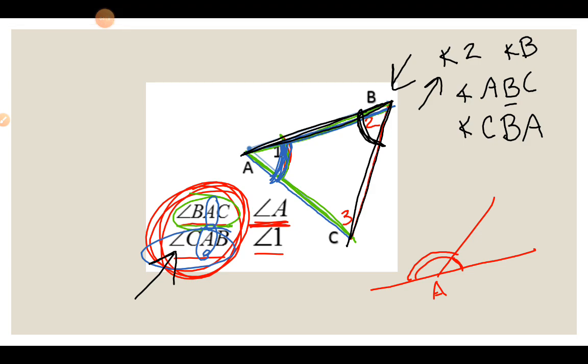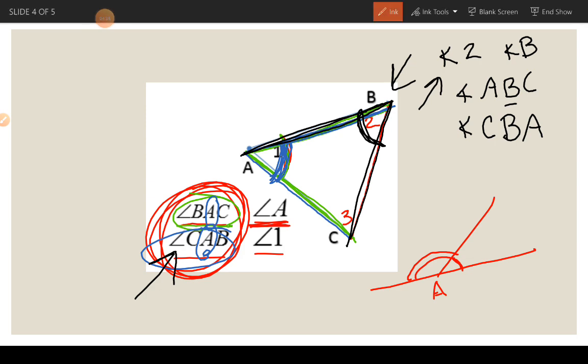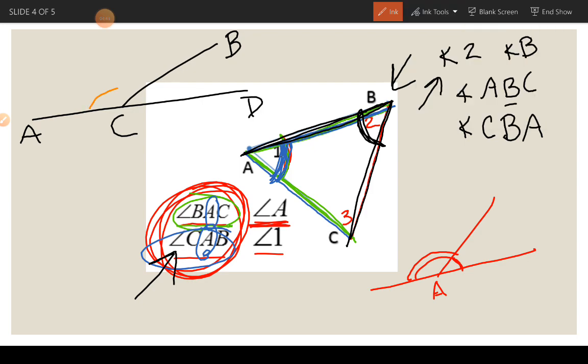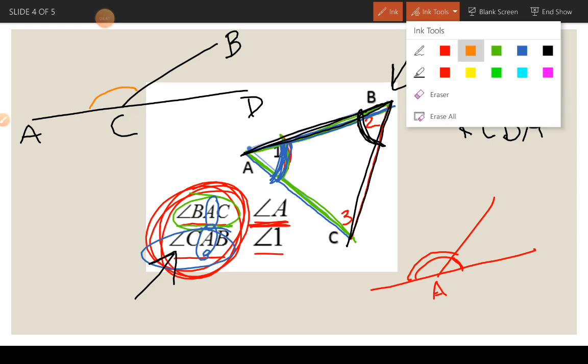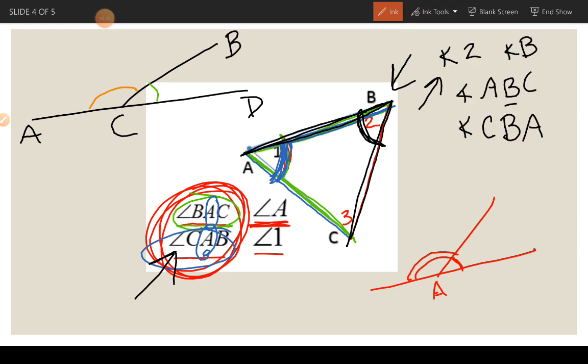Okay, so labeling the angles and identifying which angles is super important. If I had something like this, so this is B, A, C, D. Okay, so again, there's 2 different angles here. There's an angle on the left, and there's an angle on the right.